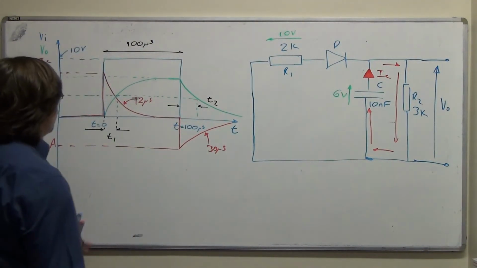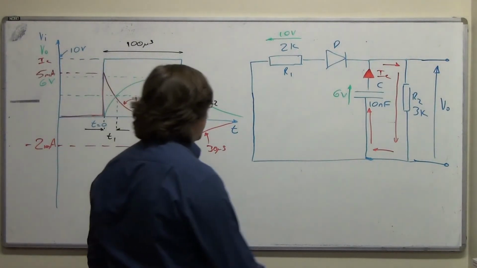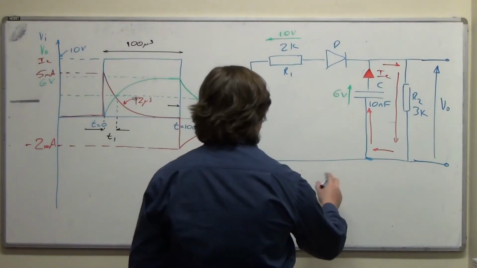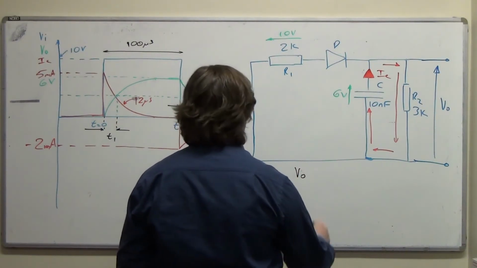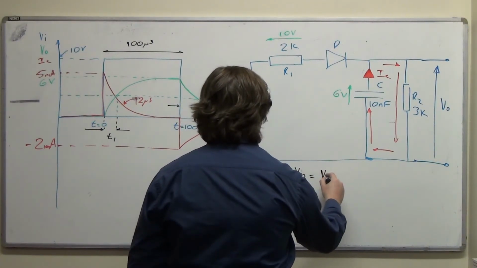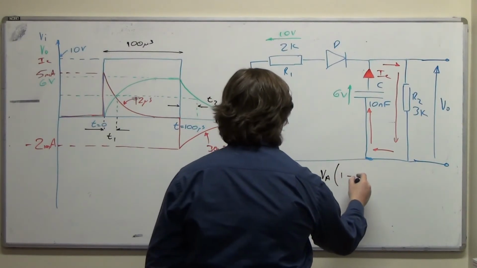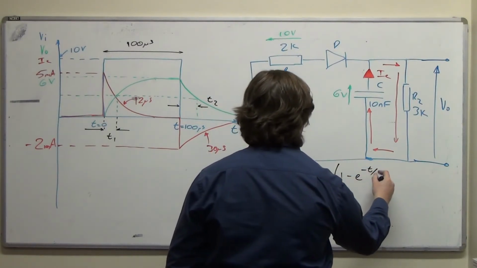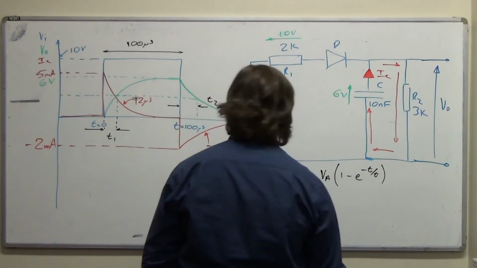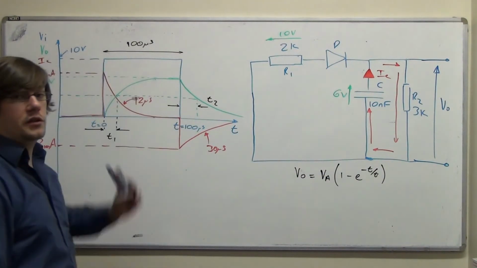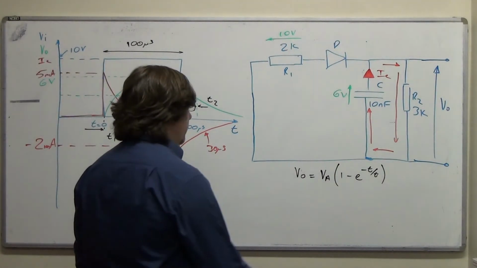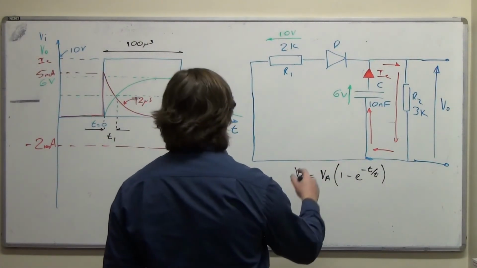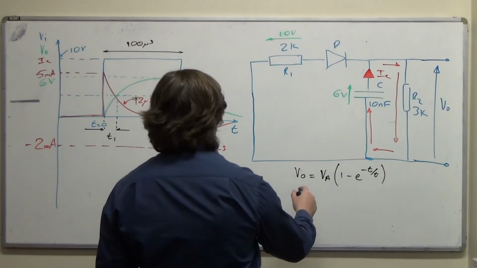So for the rising exponential, we've got VR is VA times 1 minus e to the minus t upon tau, and in this situation VA is 6 volts. It's the actual aiming voltage, so we have not 10 as it has been in the past.